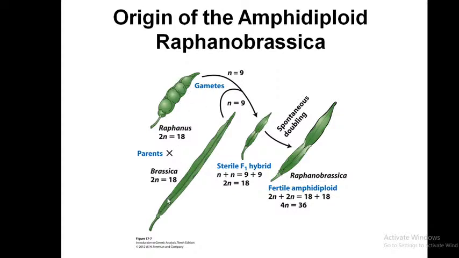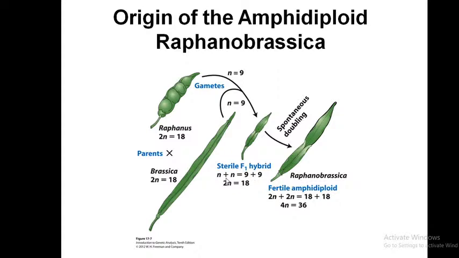Then Brassica means cabbage. Both of them have 2n chromosomes; the parent species has 2n equal to 18. While the gametes are formed, reduction division happens, and in gametes n is equal to 9. Raphanus is a radish and Brassica is cabbage. The n equal to 9 plus 9 fuse together to form an F1 hybrid.